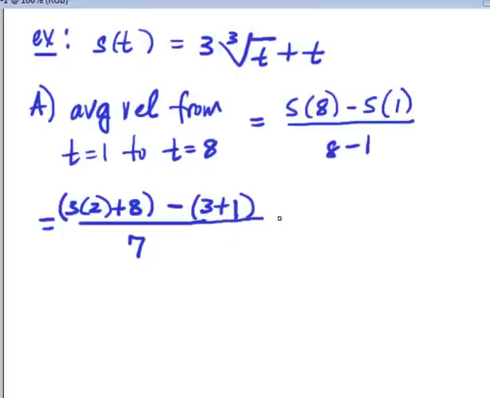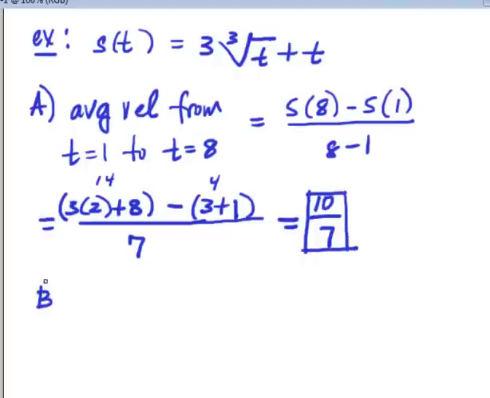Okay, so what do we have here? So that's equal to, this is 6 plus 8, that's 14. That's 14 minus 4. So we get 10 over 7. So that's the average velocity.